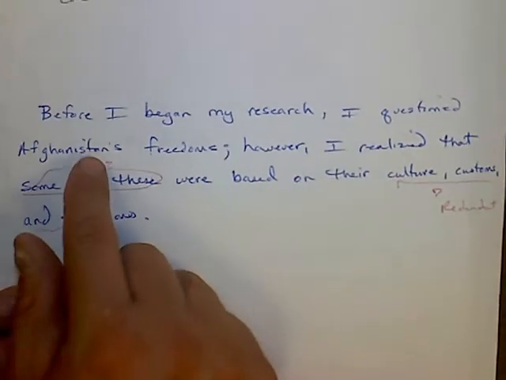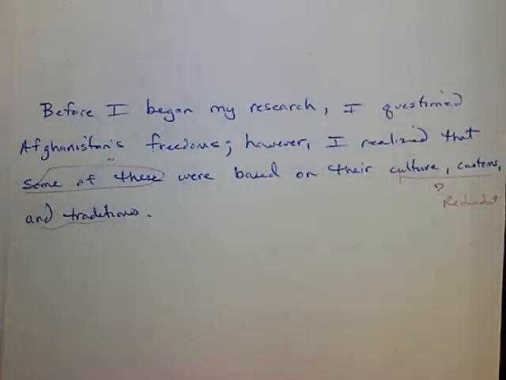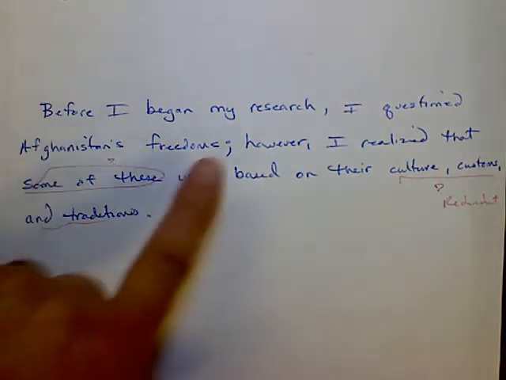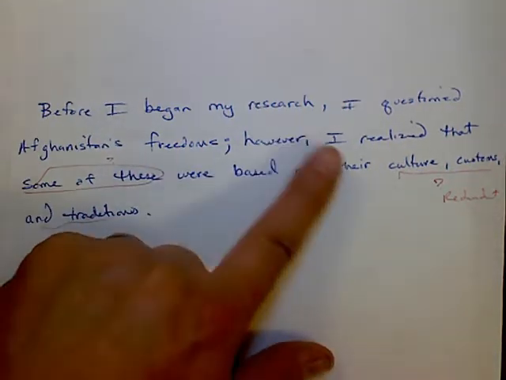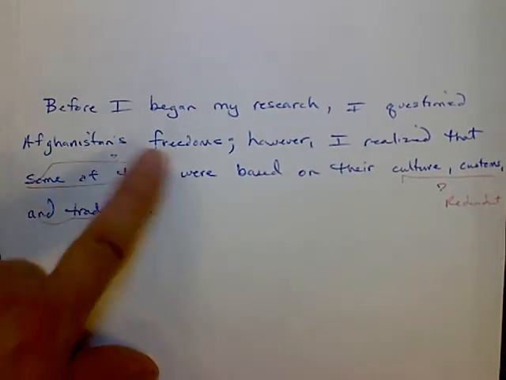So here's what I kind of sort of settled on when I reached a point where I was ready to move on to other parts of the intro. I just wrote, before I began my research, I'm following that same pattern in the example, which is perfectly okay. Before I began my research, I questioned Afghanistan's freedoms.